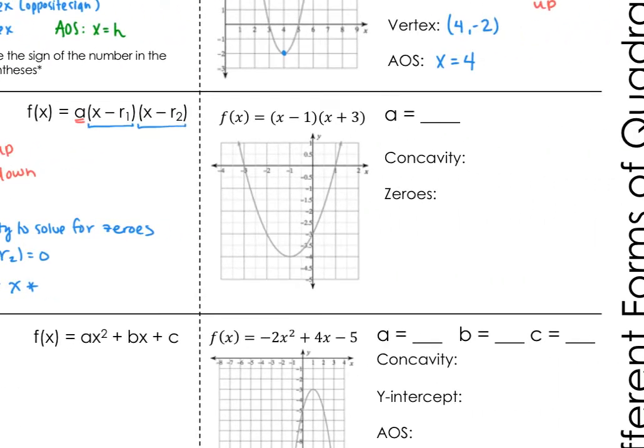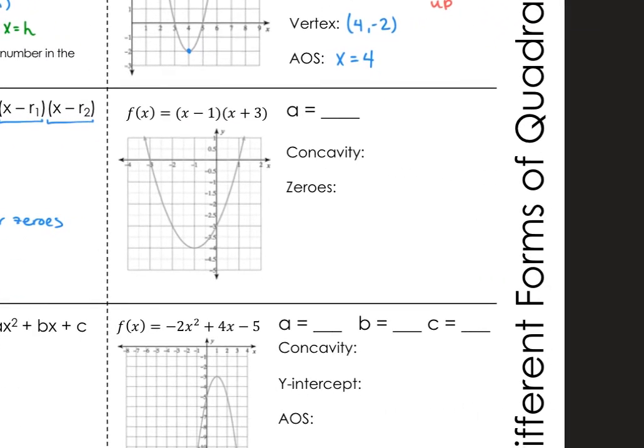All right, so looking at our example here, we have f of x equals (x minus 1)(x plus 3). So a, if there's no number out in front, then a is just equal to 1. And since a is positive, it's concave up. And then for the zeros, I'm just going to use zero product property.